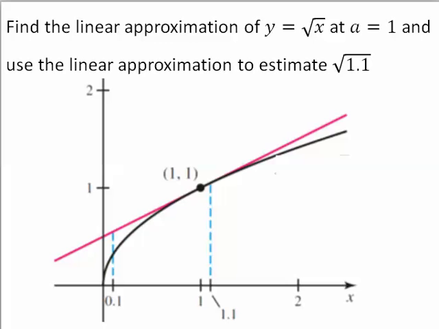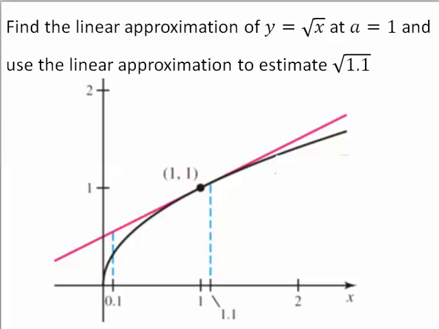We're going to use this information to estimate the square root of 1.1. We don't know what the square root of 1.1 is, but we do know what the square root of 1 is.